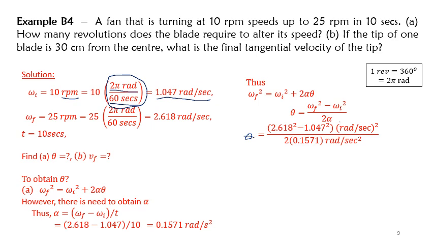The expression has units of radians per second, everything squared, so radians squared over seconds squared, divided by radians per second squared. Seconds squared cancels seconds squared, and one radian cancels, so you have radians left.